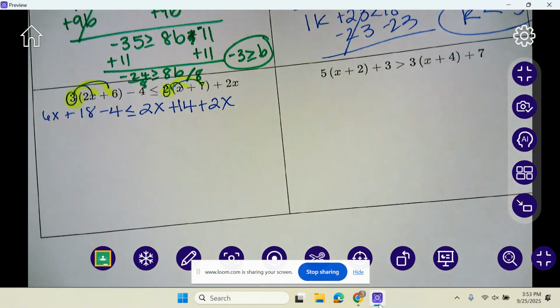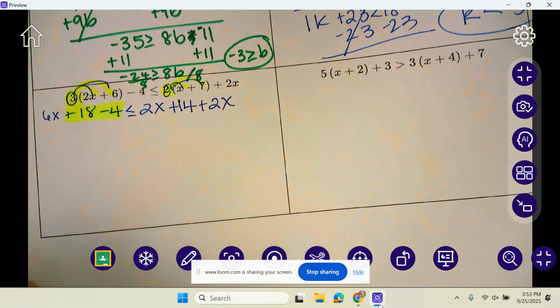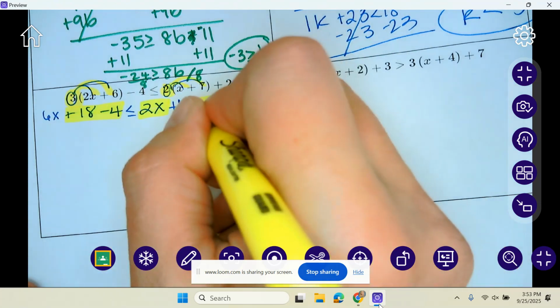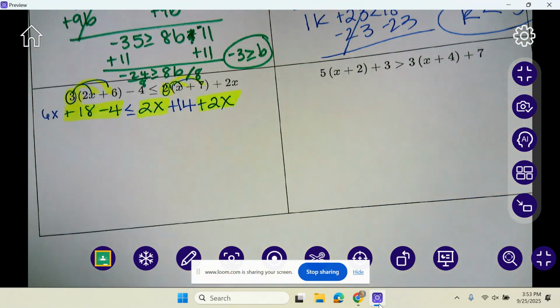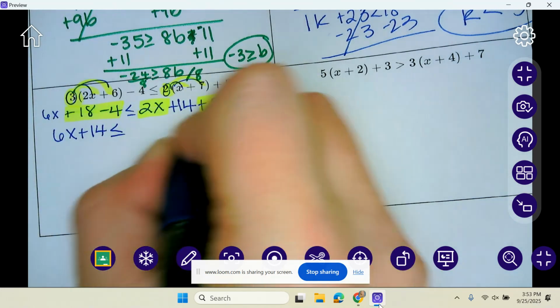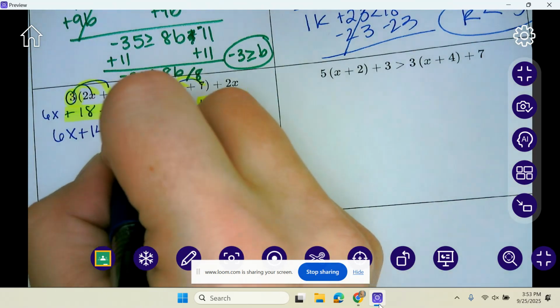Okay, so now we need to combine like terms. So over here, it's going to be a positive 18 minus 4. And over here, it's going to be 2x plus 2x. Okay, so we have 6x plus 14 is less than or equal to 4x plus 14. All right, so first up, I'm going to move the variable.